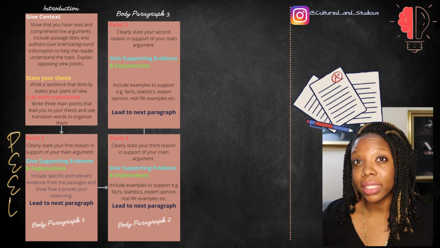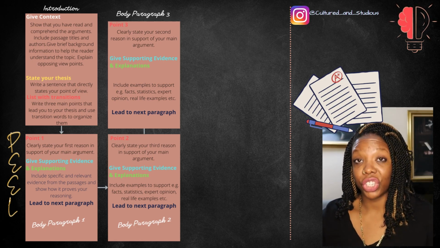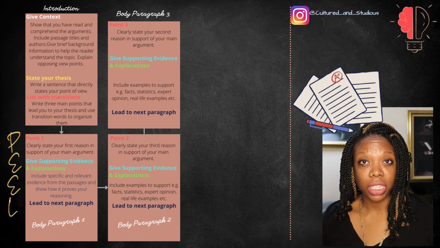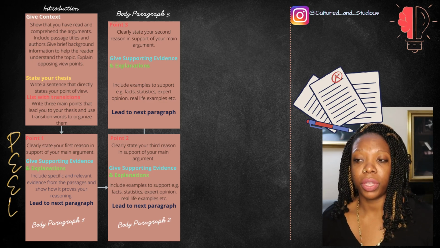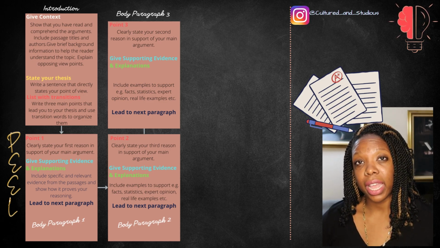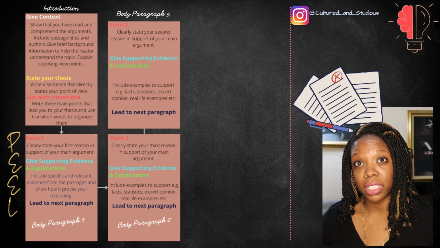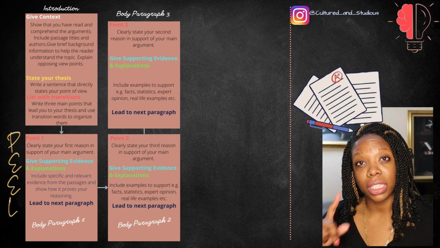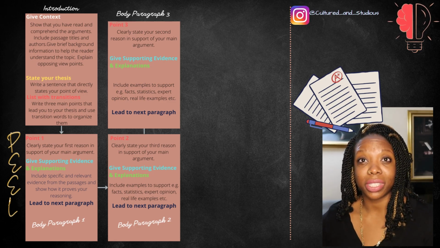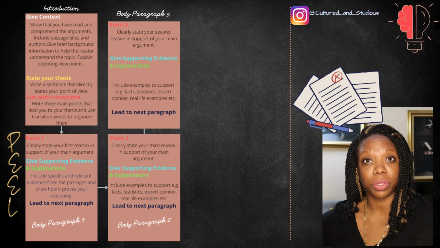Say your point, give your evidence, explain it, lead to the next paragraph or link it to the next paragraph. P-E-E-L. Point, evidence, explain, link, or lead to the next paragraph. And I will show you what that looks like when we pull up the examples.